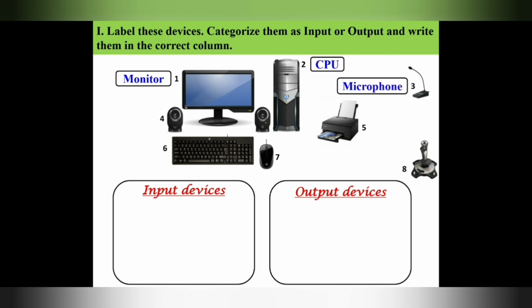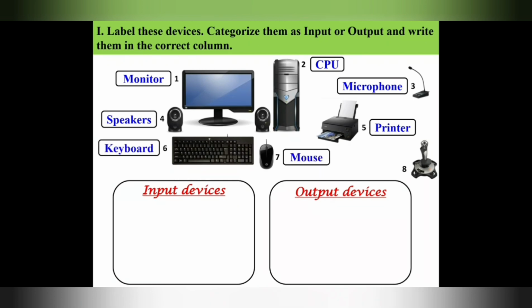The name of the fourth device is speakers. The fifth device is printer. The name of the sixth device is keyboard. The name of the seventh device is mouse. The name of the last device, that is the eighth device, is joystick.